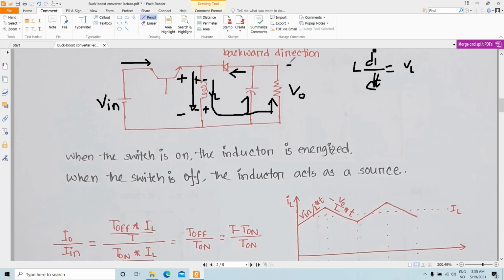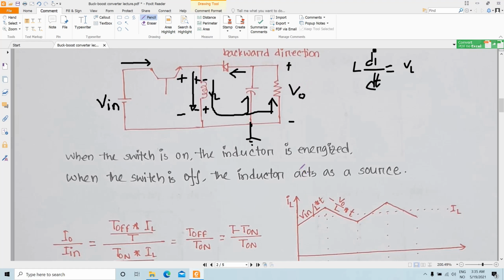So if you consider your V out, taking the plus sign here and the negative sign here, because this is your ground point, and you consider your negative from this terminal, the current is entering from the bottom. That means the output voltage is basically negative.